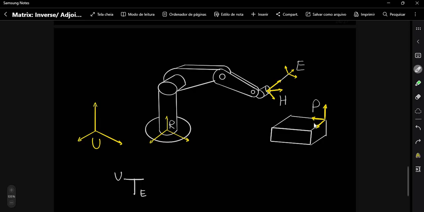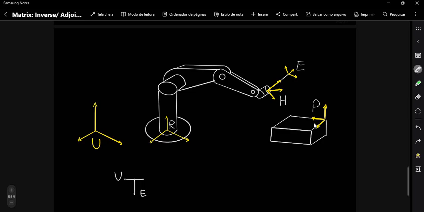We know that the whole robot is responsible for performing the task, but the end effector is responsible for doing the task itself.